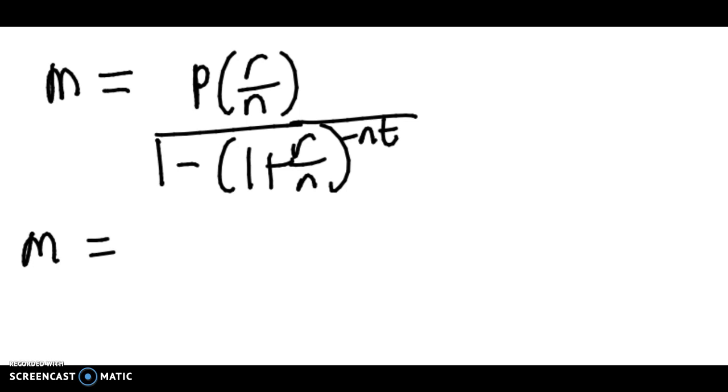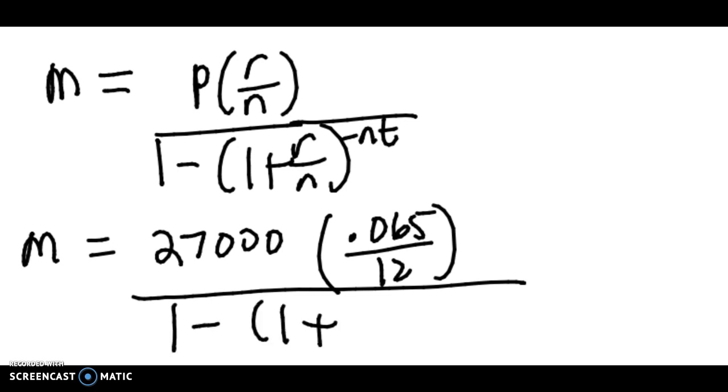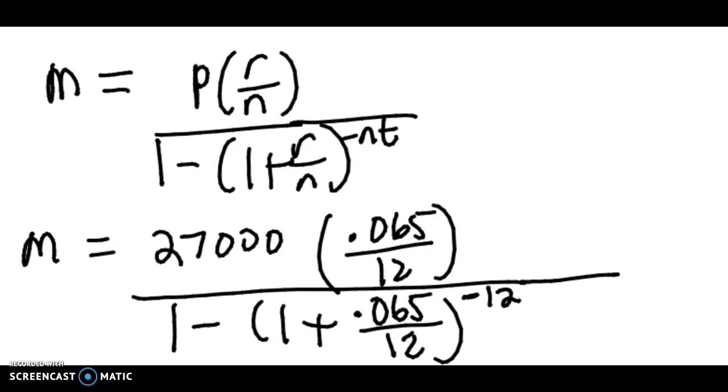They're applying for a $27,000 mortgage at 6.5%, 0.065. They'll make 12 payments a year. And then we're going to divide this by 1 minus 1 plus 0.065 divided by 12, raised to a power of negative 12 times how many years? 15.